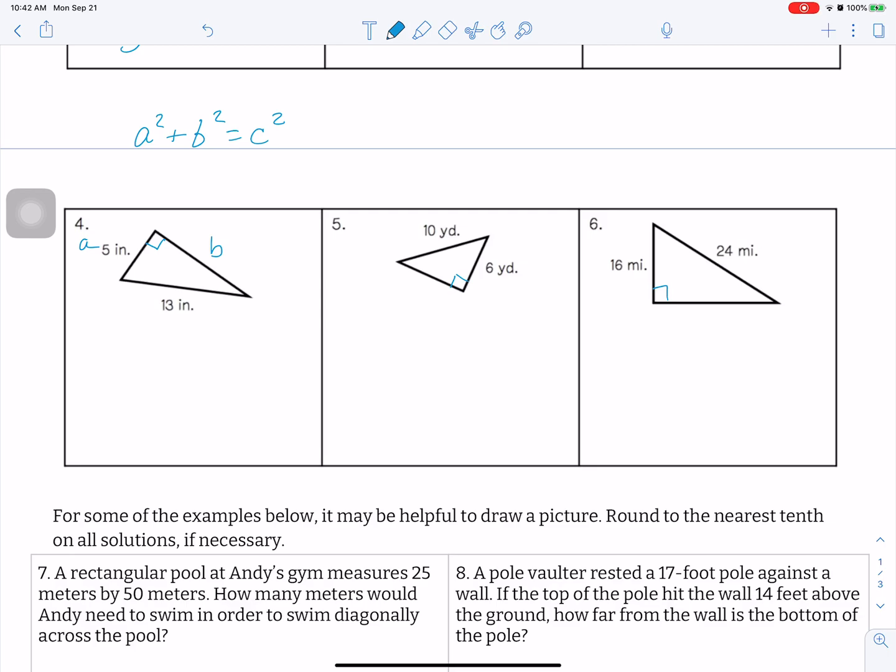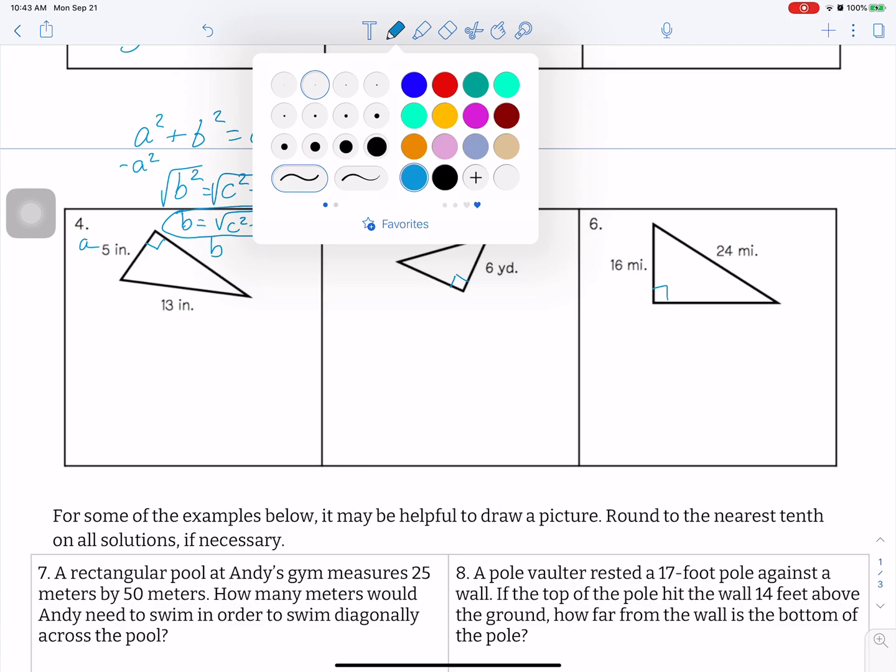This is a literal equation because I'm just moving things around. So I'm going to do minus a squared and minus a squared. They're not like terms, so b squared equals c squared minus a squared. And if I want to get to just b, that means I would take the square root. So b is equal to the square root of c squared minus a squared, because the square root and the squared will undo each other. So those are both gone, leaving me with just a b. So this is the formula that I'm going to use here.